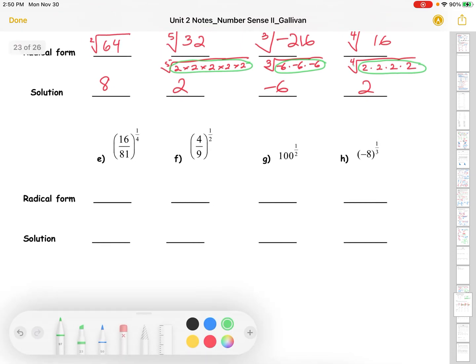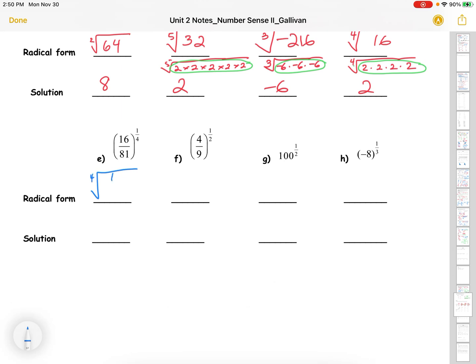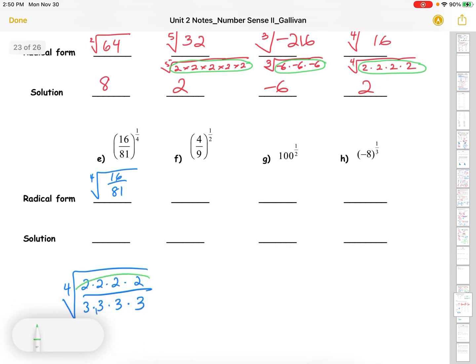Okay, radical form here. So this would be the 4th root of 16 over 81. Well, I'm going to write it down here. 16 is 2 times 2 times 2 times 2, and 81 is 3 times 3 times 3 times 3.